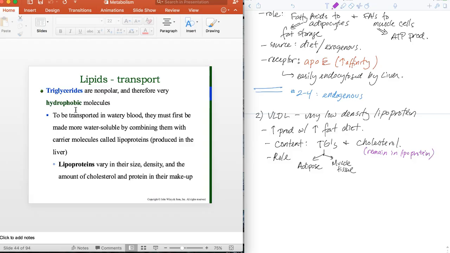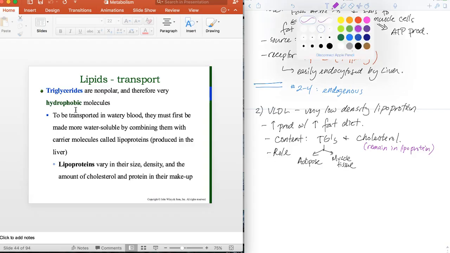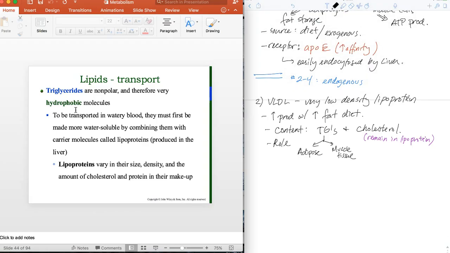It has its own receptors. Remember those APO receptors? And it turns out that there's going to be 2 of them. One of them will be ApoE, and then the other one's going to be something called ApoB100.